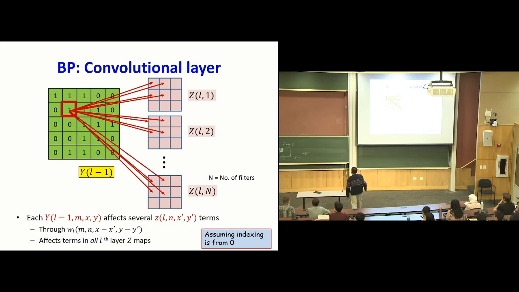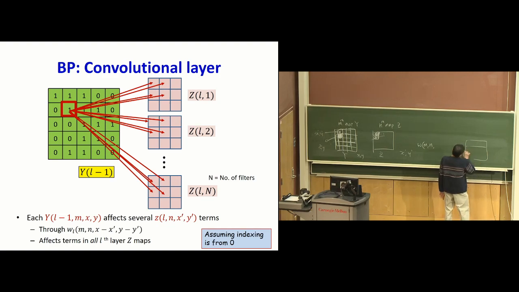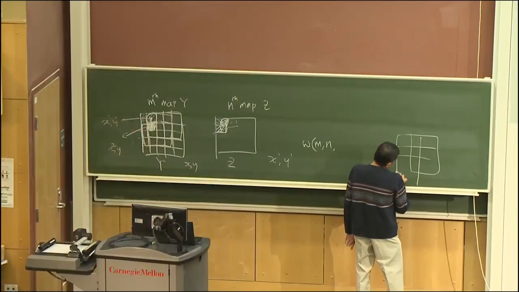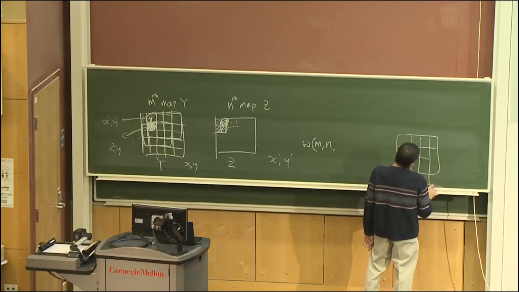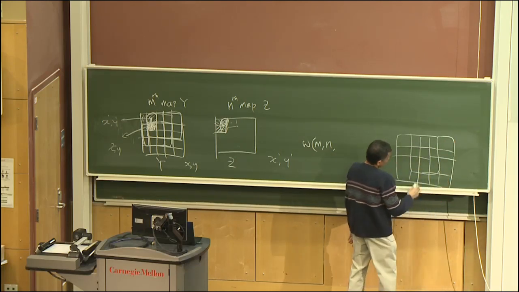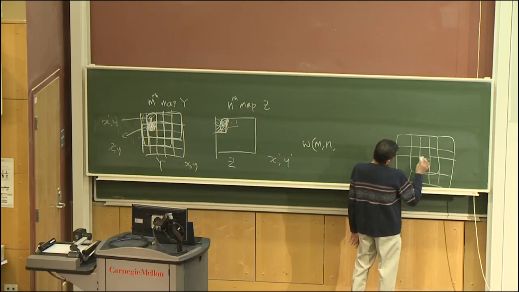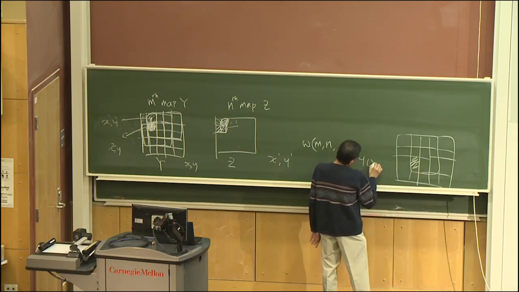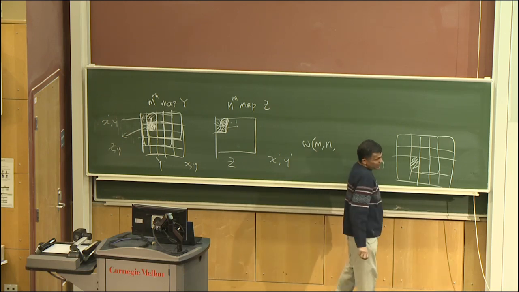So basically, again, going back here, if I'm looking at, say, this y map, and I chose some y xy, I'm not showing the map index, right?